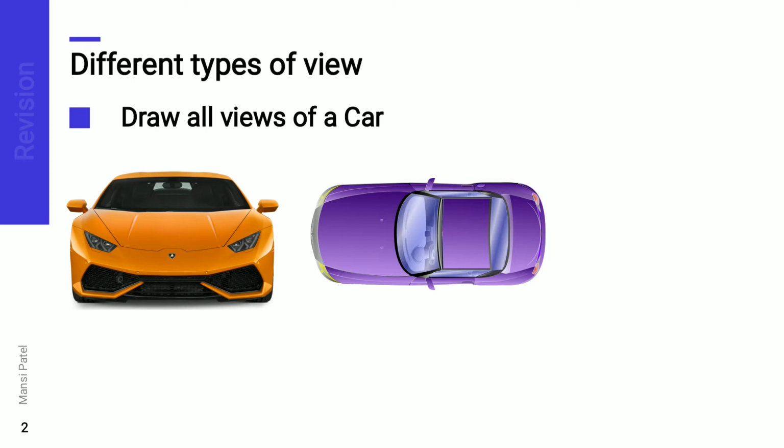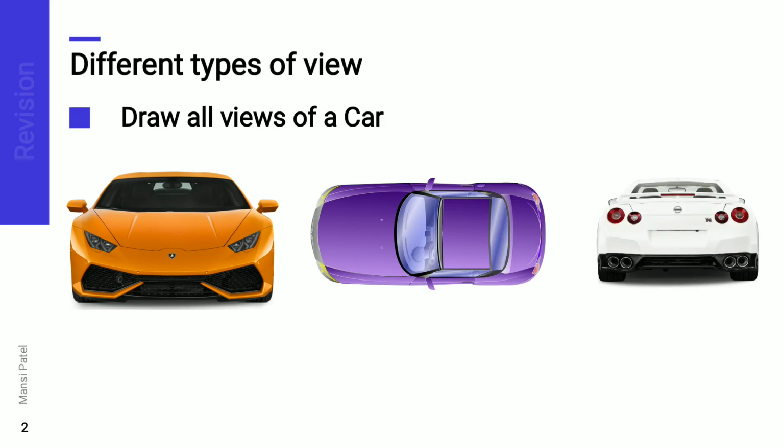So if you want to draw the front view, then you have to stand in front of that object. If you see any object from the top side, then you can see the top view of that object.